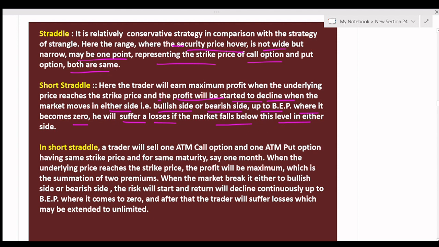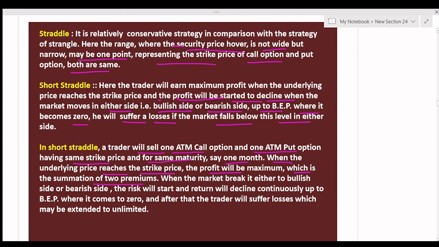Now in short straddle, a trader will sell one ATM call option and one ATM put option having the same strike price and for same maturity, say for 1 month. When the underlying price reaches the strike price, the profit will be maximum, which is the summation of two premiums.